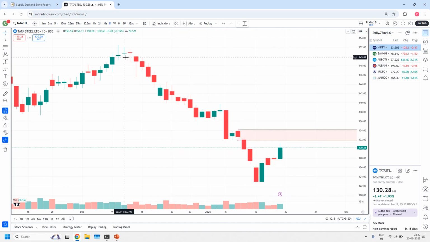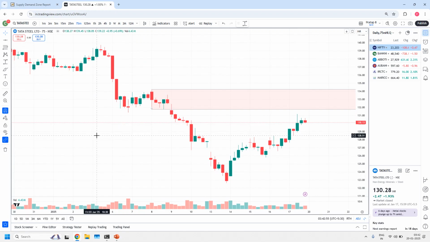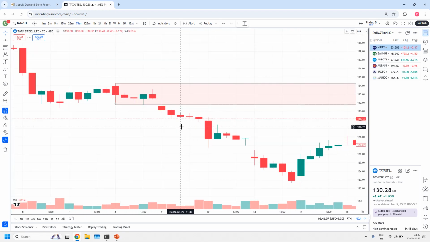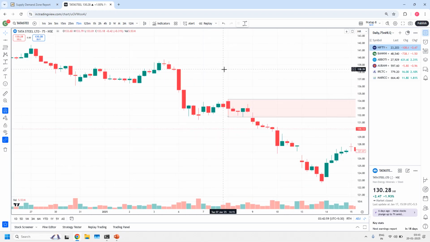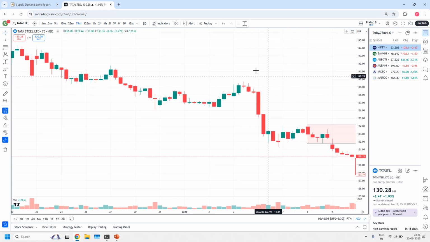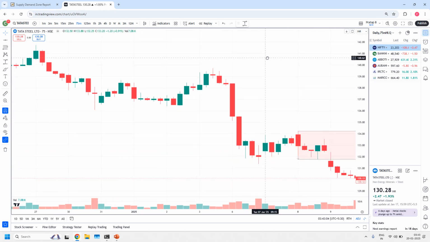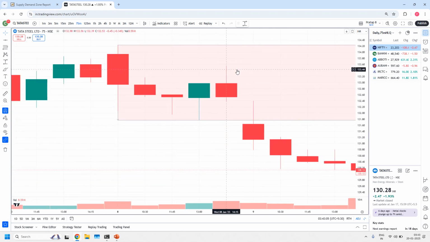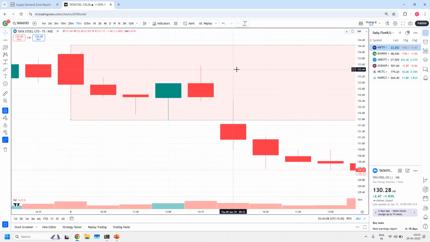And this one we should fine tune with the 75 minutes time frame. So in the 75 minutes, you have a drop candle, and you have 1, 2, 3, 4 base candles. See here, add the hidden body. If you add the hidden body, this is a drop candle.